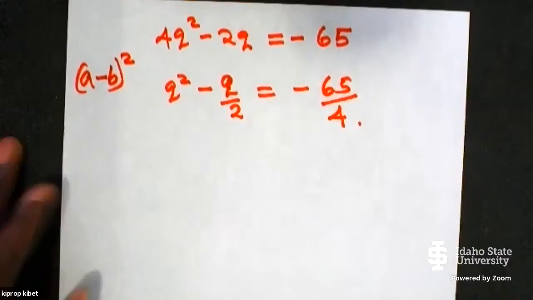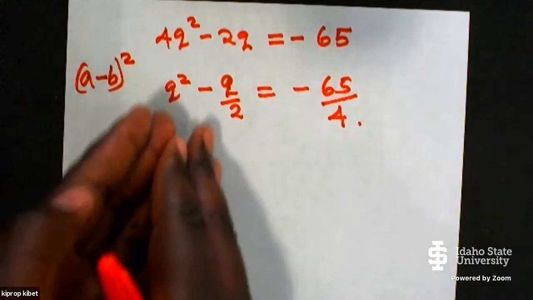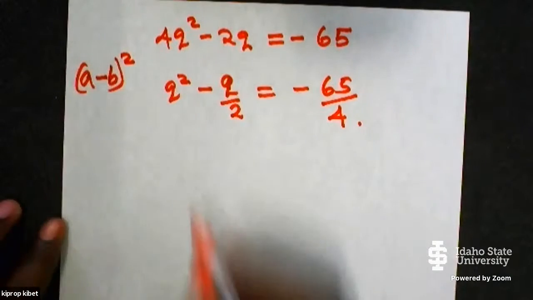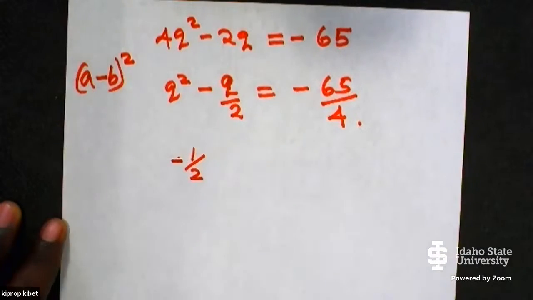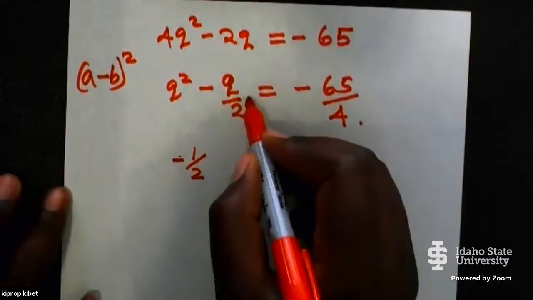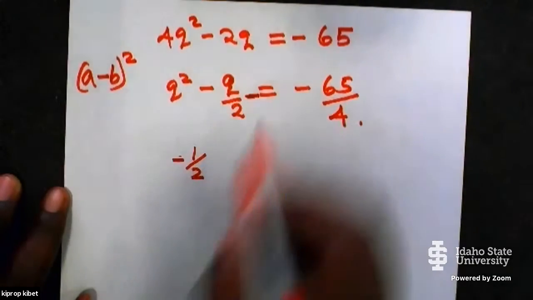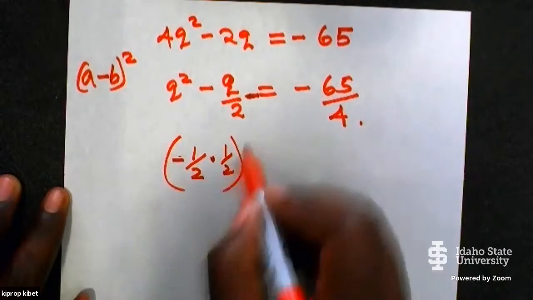So what is our b? What is our coefficient? Our coefficient there is 1 over 2, which is minus. So what do you do to get it? You halve it so that you can put it here. So half of this times 1 over 2. And then you do what?